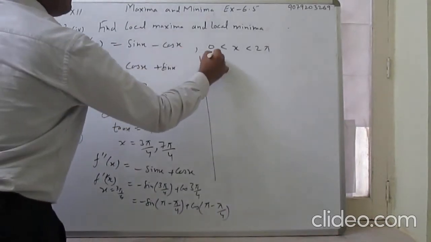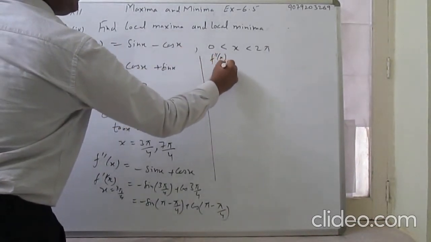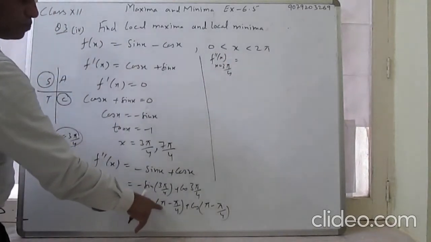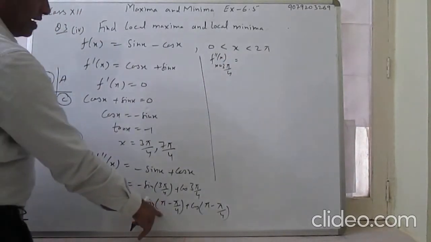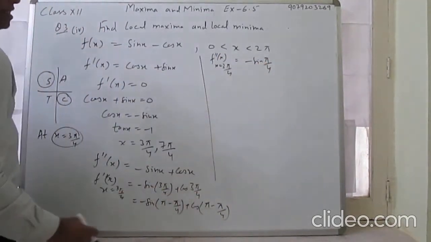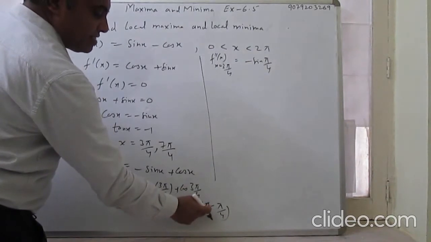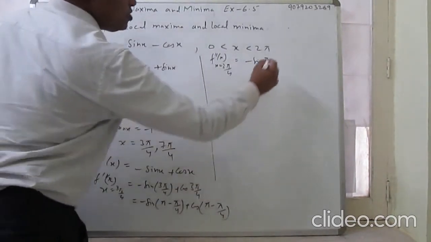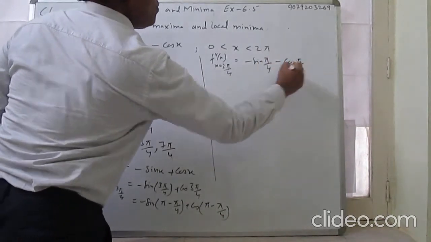Now f double dash x at x is equal to 3 pi by 4. Sin is positive in the second quadrant, so minus sin pi by 4, and cos is negative, so minus cos pi by 4.